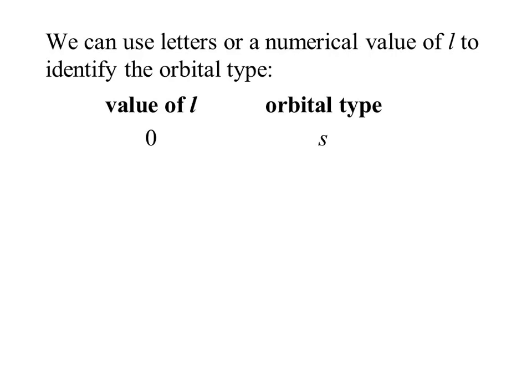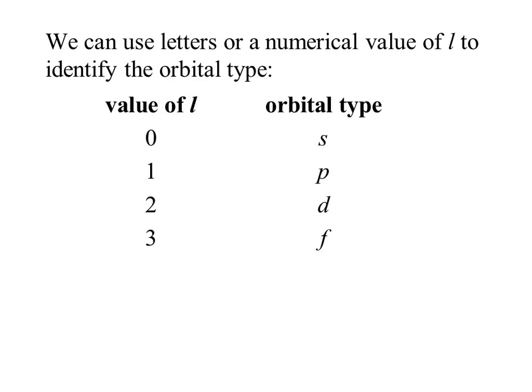The L value for S is 0, and then it goes up from there. The L value for P is 1. The L value for D is 2. The L value for F is 3. And we said, although we won't have to mess with it, that beginning where the principal energy level n is equal to 5, we pick up a G type subshell.